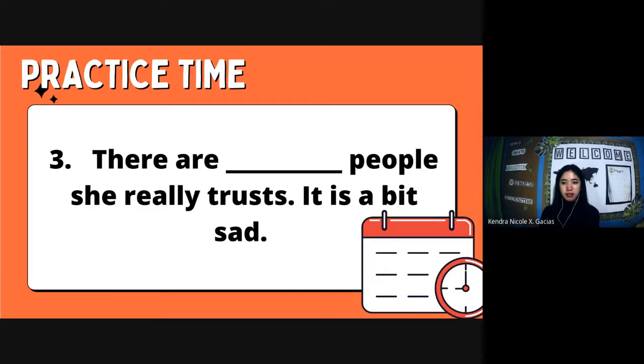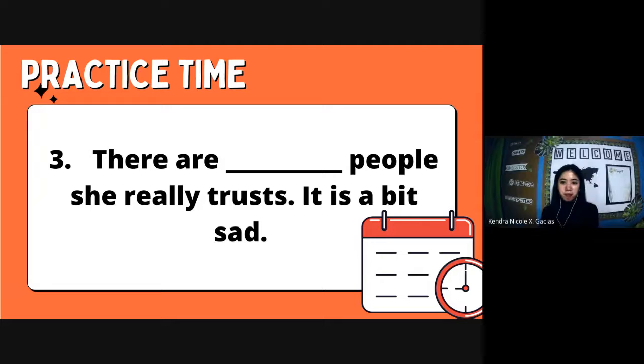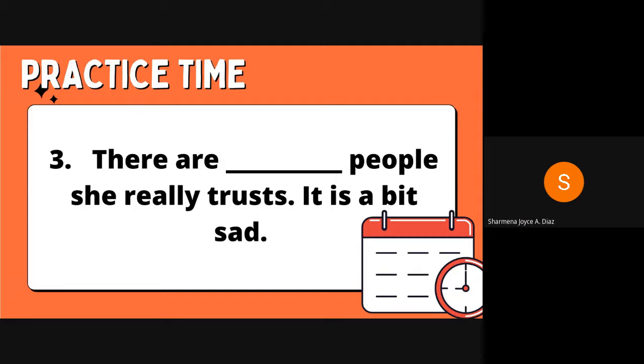May I call Mena to please answer the third question? There are blank people she really trusts. It is a bit sad. Okay, the answer for that item is few. There are few people she really trusts.